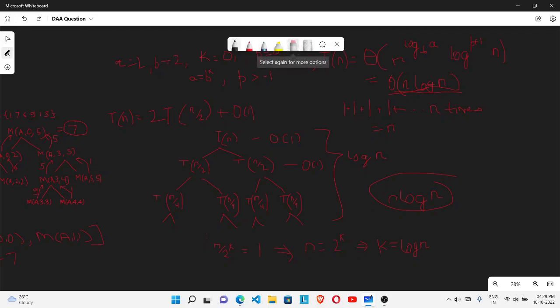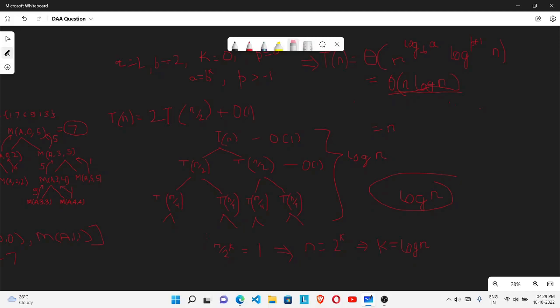I'll tell you why that is. So first of all, the complexity is log n. So we made a mistake in both the recurrence tree method and the master theorem. I think it would be easier to understand the master theorem error, but let's see the recurrence tree first. So this is entirely wrong.